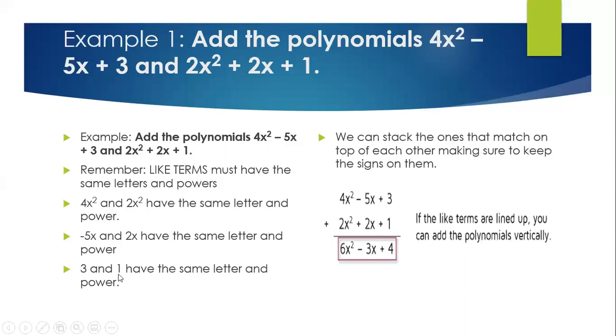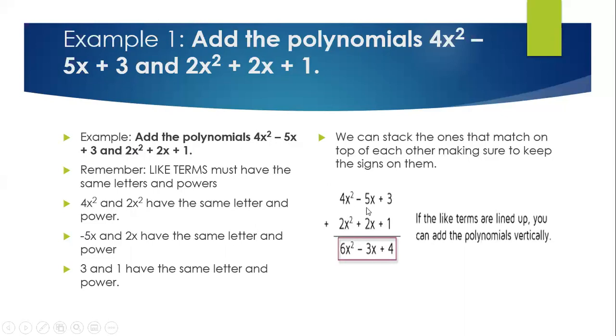So then what I'll do is line up the first one, 4x squared minus 5x plus 3, like this. Then I will line up 2x squared plus 2x plus 1 right underneath it, making sure that things match as I look down. I see an x squared and an x squared.